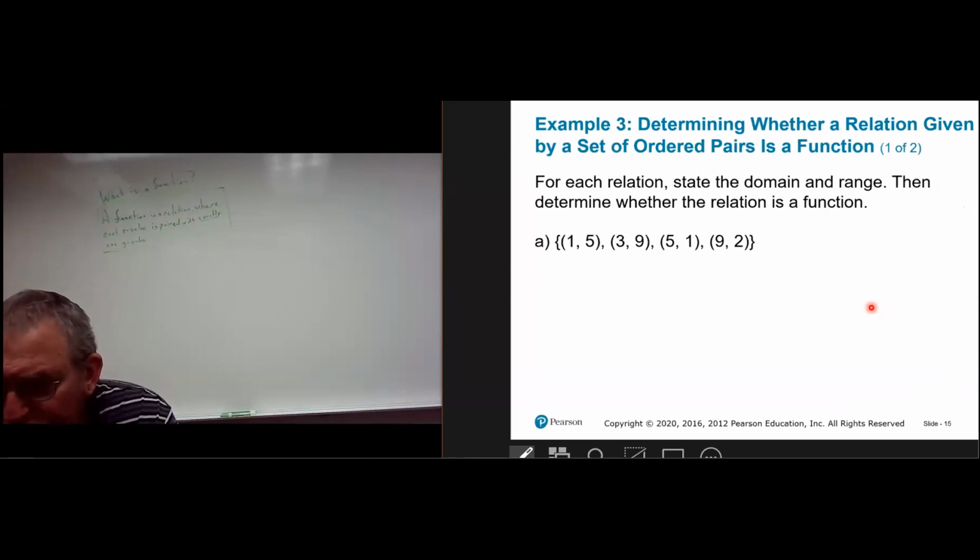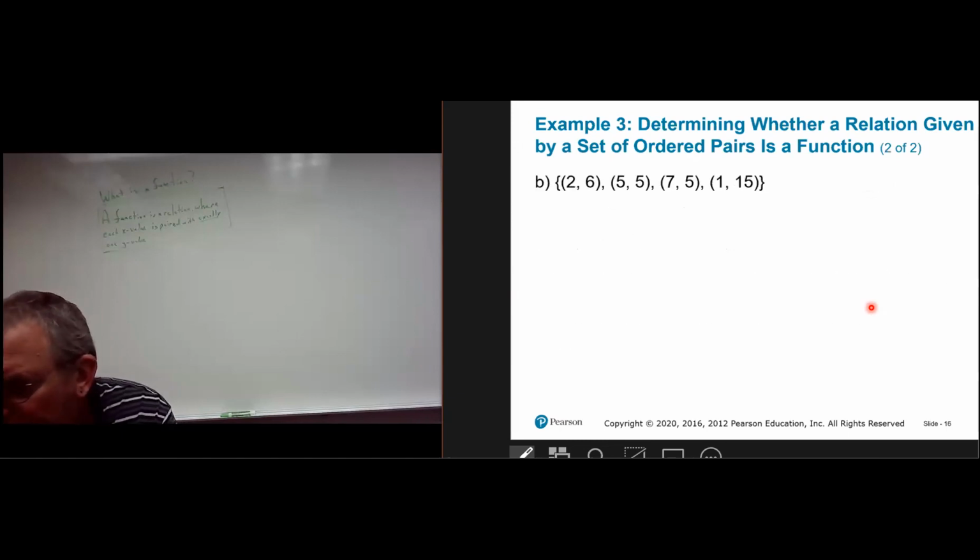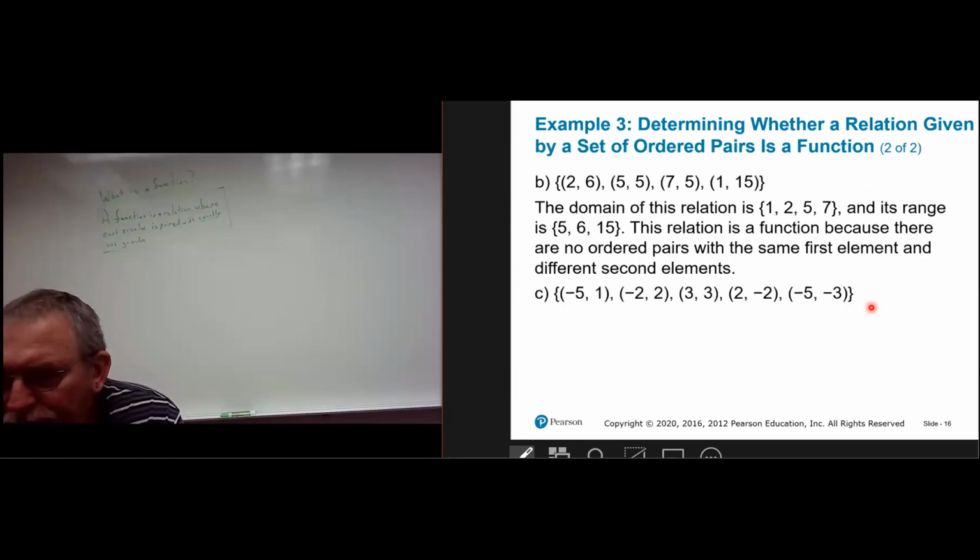Is this a function? This set of ordered pairs. Yes. Is this a function? Yes. Is this letter C a function?